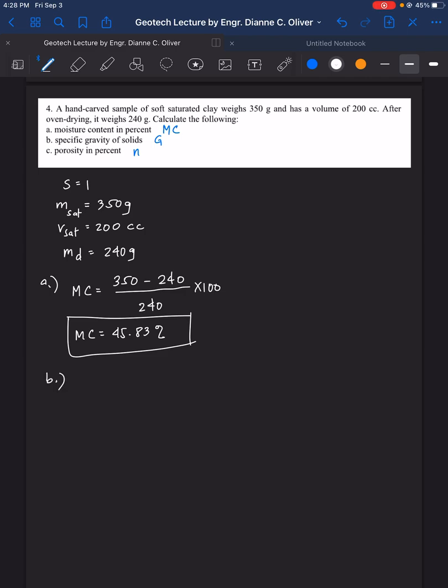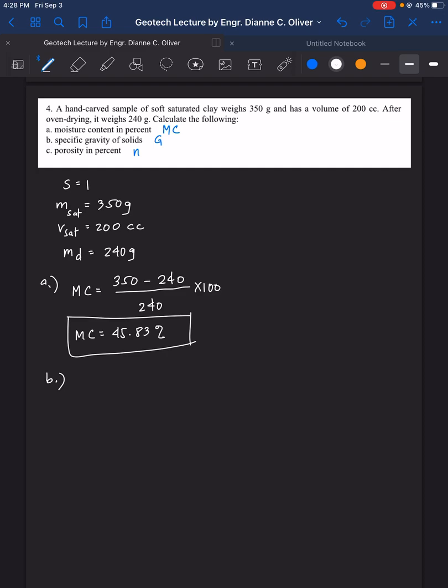Let's go to B. The specific gravity of solids. Now, where do we get here the formula for the specific gravity of solids? There are formulas that have been presented a while ago. Let's try to use that, knowing that we have the given now as S and MC.